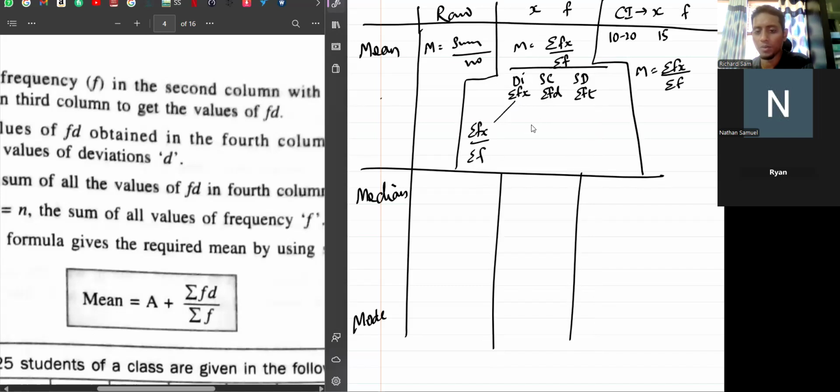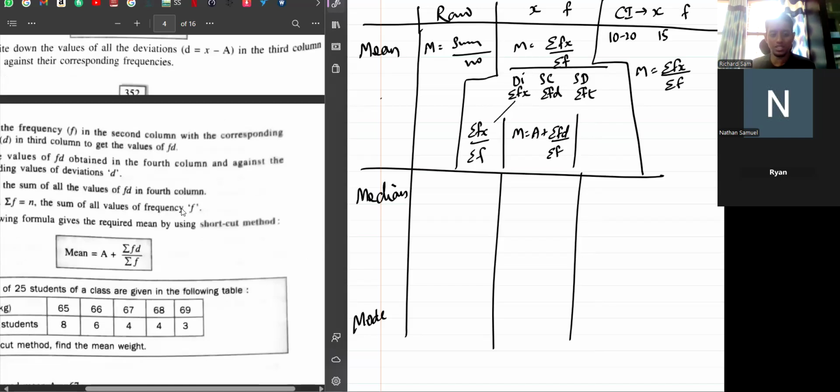For the second one, the formula is a plus summation fd upon summation f. And in the last one, ft. So what is t now?